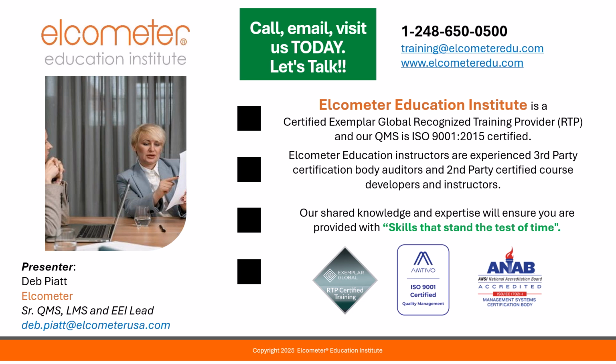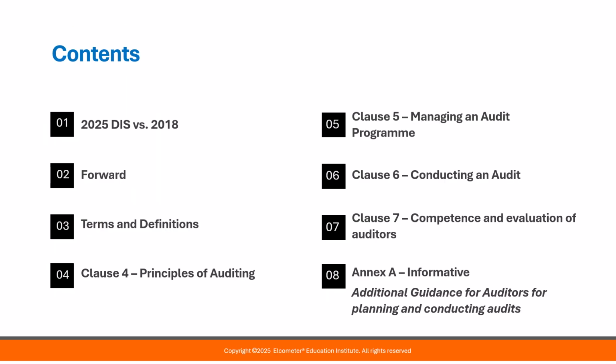Today, we're happy to present this webinar to share our review of the 19011-2025 draft so that you may prepare for implementing the new internal and external audit requirements into your audit program. ISO DIS 19011-2025 is currently in draft form with the expected publication of the FDIS in 2025.